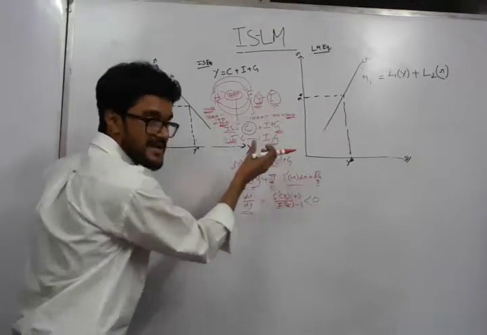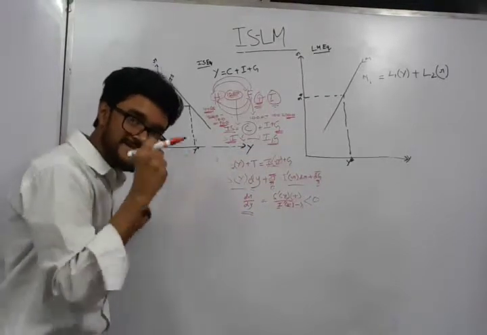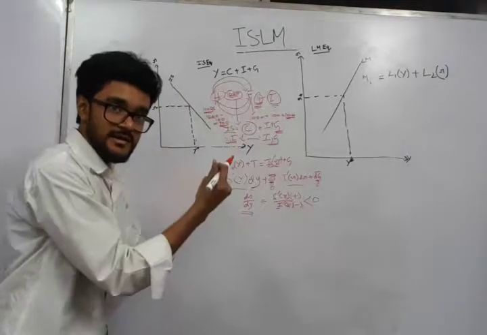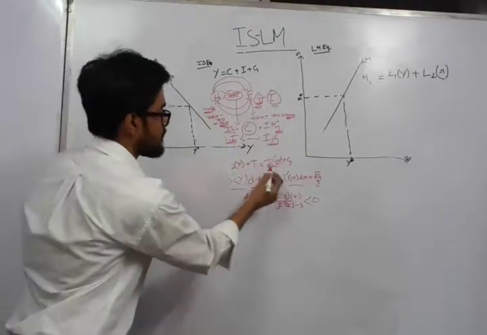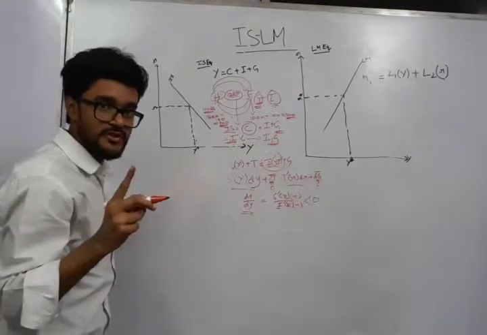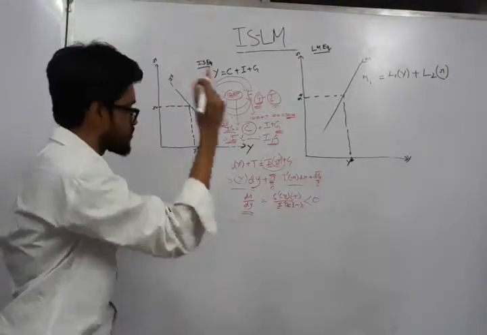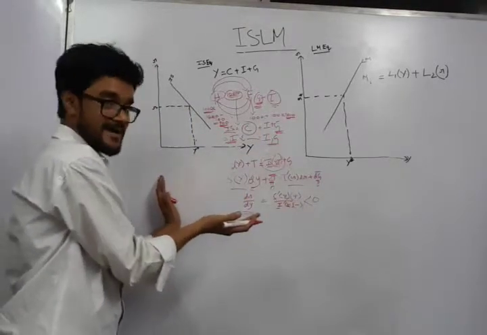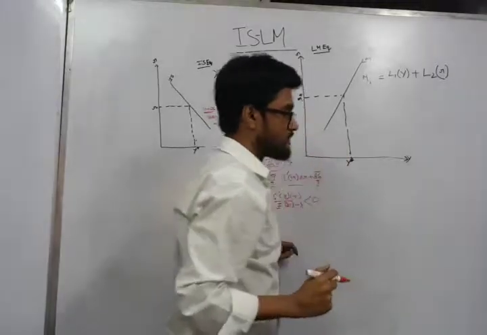So this is the classical version of ISLM, which has taken a part of the classical economics version, as investment depends on the interest rate, which Keynes said it does not. Now we'll come to the LM curve. We are already done with the IS curve. Now we'll come to the LM curve.